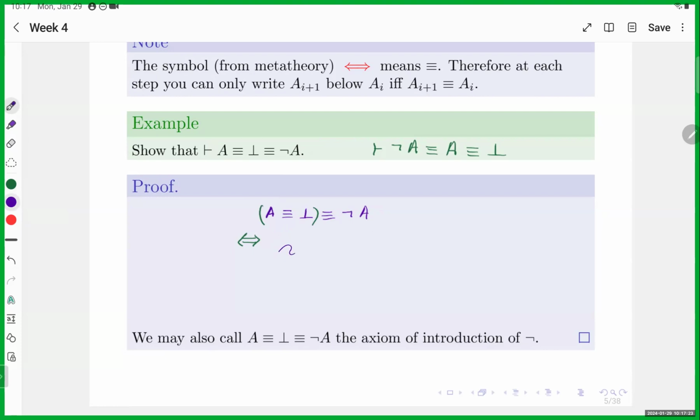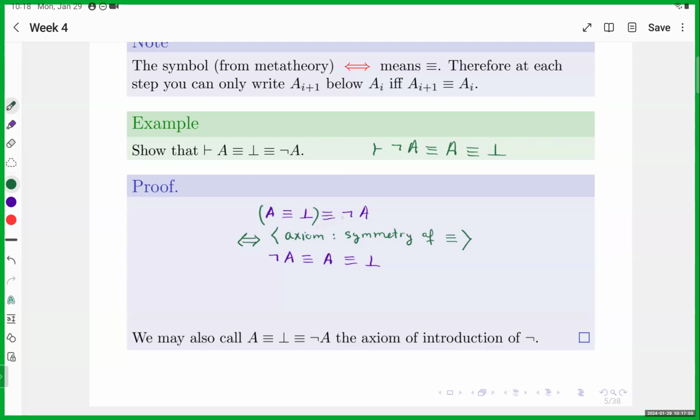Now use the symmetry, and you get this. And here I annotate. You can write just axiom, but I'll explain. The axiom is called the symmetry of equivalence.